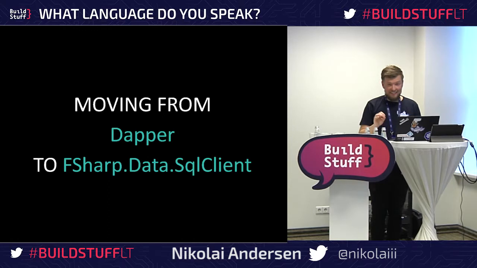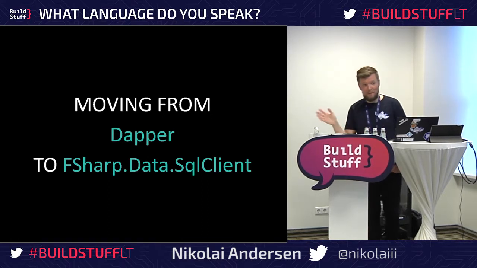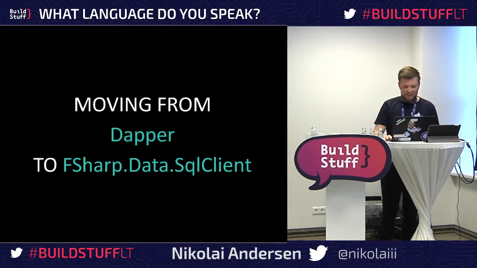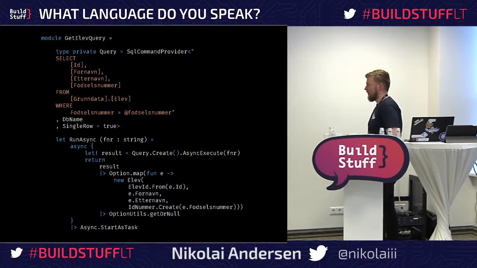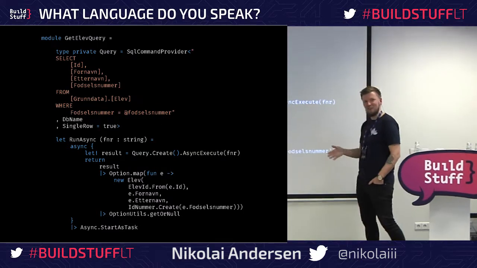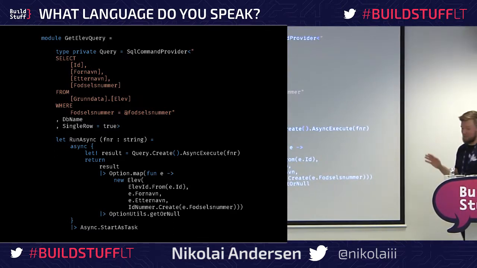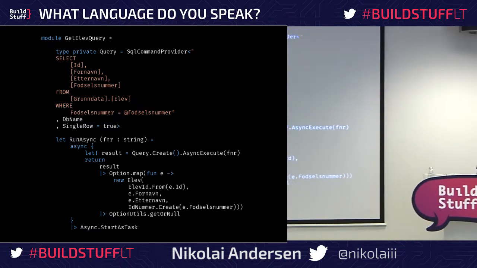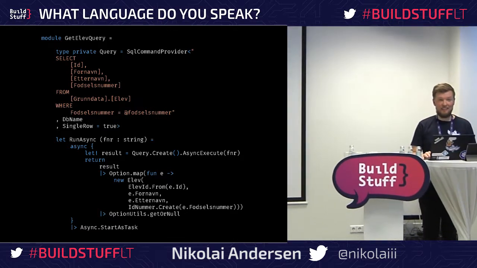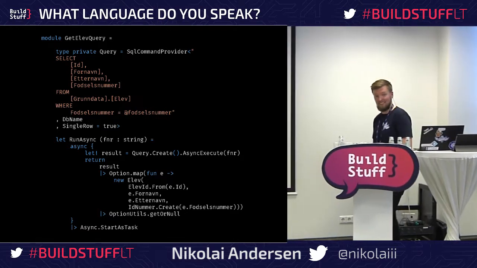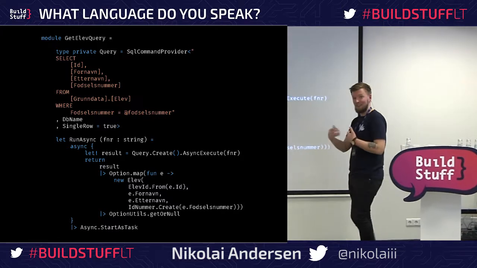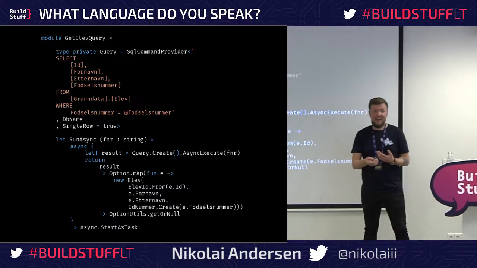And the next slide is the same code as the Dapper code. But now you're thinking, what? You said it would be less code and fewer errors. Well, I have an explanation for that, and that is C# and F# interoperability, because you can call F# from C# code, and that is pain.